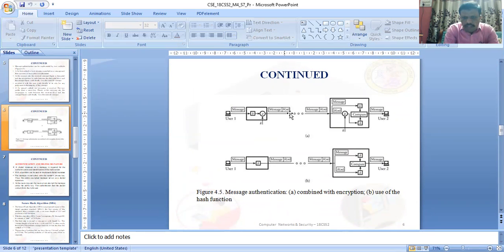Whatever is sent, the hash functions are compared.